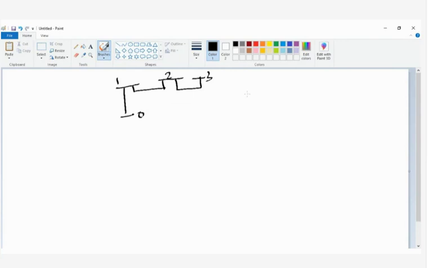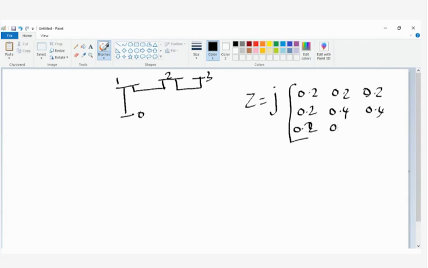And the Z-bus we got was 0.2, 0.2, 0.2, 0.2, 0.4, 0.4, 0.2, 0.4, 0.6.